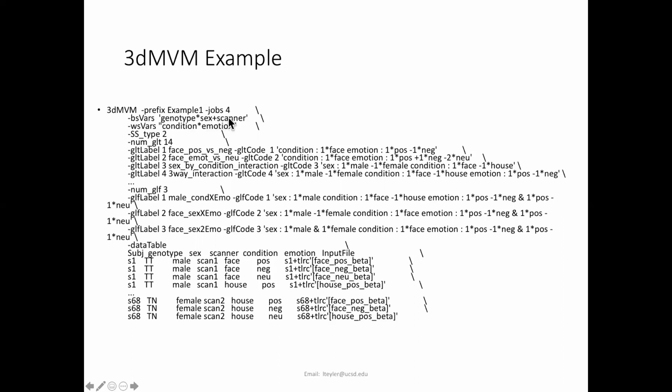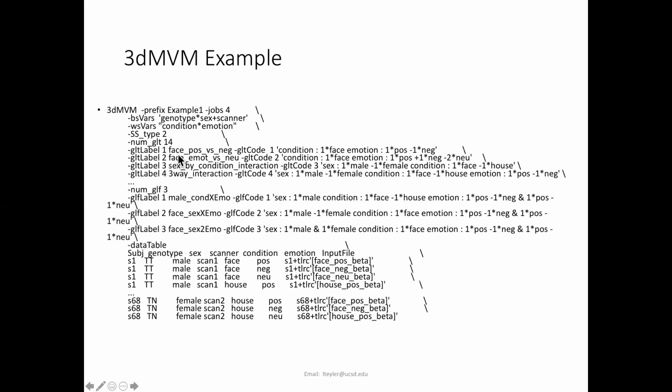And then scanner was more of a nuisance variable, these others were things they wanted to test effects of. So that's why scanner gets a plus instead of a star. And then the within-subject variables, condition and emotion. Sum of squares type 2, number of contrasts is 14.